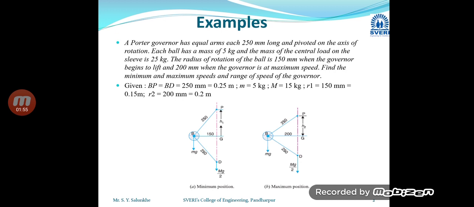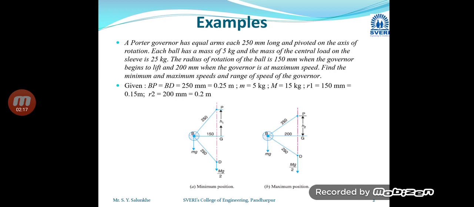The radius of rotation of the ball is 150 millimeter when the governor begins to lift, and 200 millimeter when the governor is at maximum speed. Find the minimum and maximum speed and range of speed of the governor.